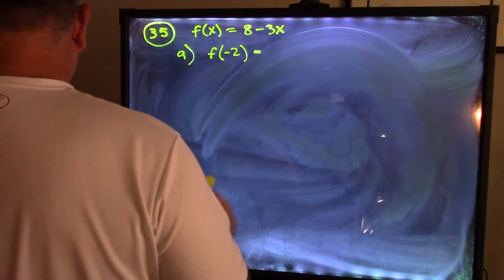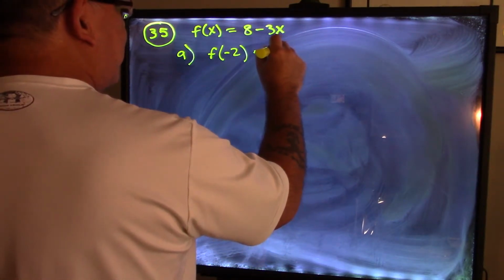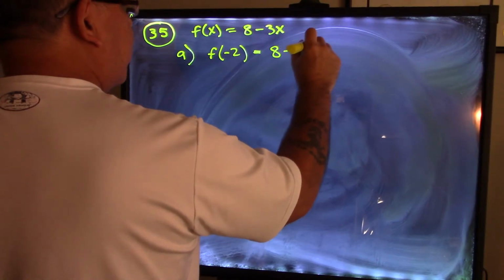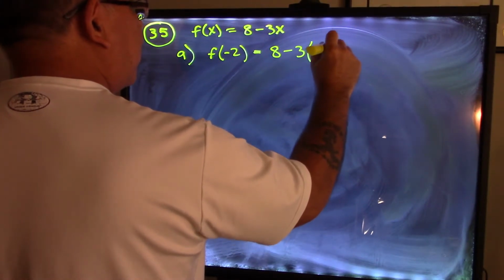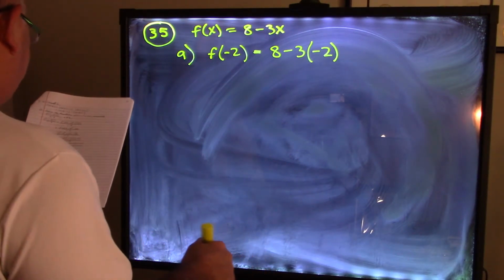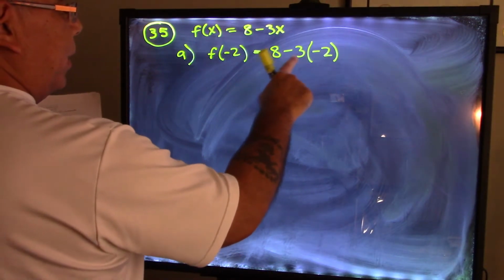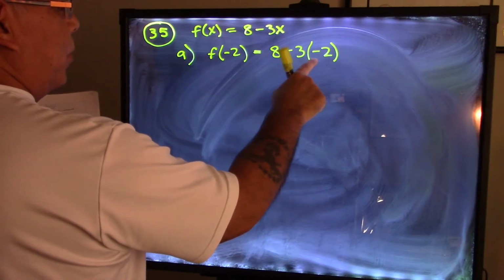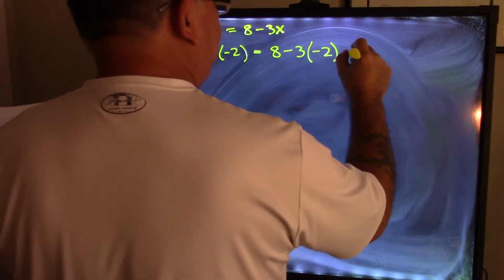So that equals 8 minus 3 times minus 2. Order of operations, you multiply first, so that equals 8 plus 6. Negative 3 times negative 2 is positive 6.